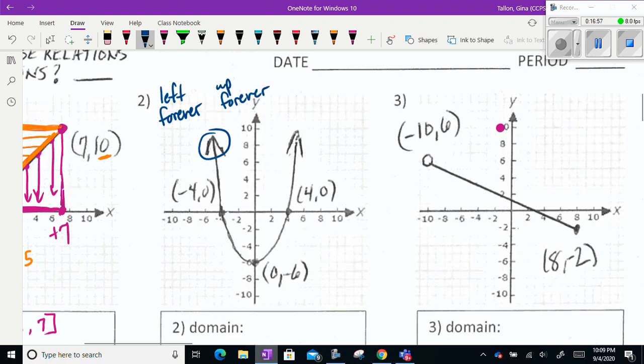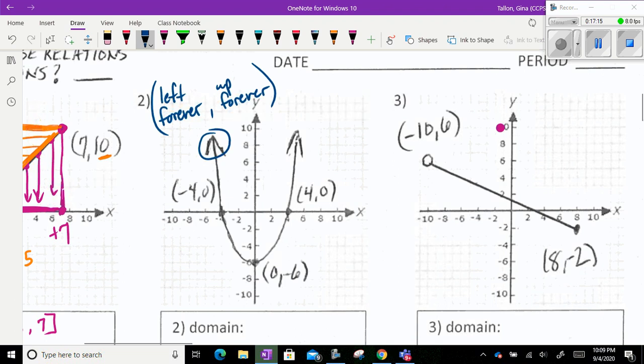It's not going straight up. It's got some kind of a stretch to it. This quadratic, and it is a quadratic, is going to continue to open more and more and more as we go higher and higher and higher. So this quadratic is really going left forever and up forever, kind of like an XY point.